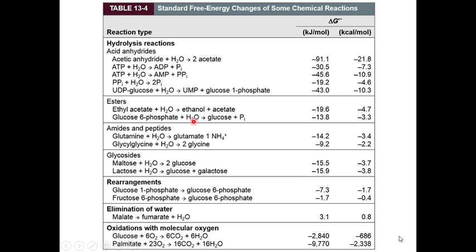The complete oxidation of organic compounds such as glucose or palmitate to carbon dioxide and water, which in cells requires many steps, results in very large decrease in standard free energy. However, standard free energy changes that is shown in this table indicate how much free energy is available from a reaction under standard conditions.